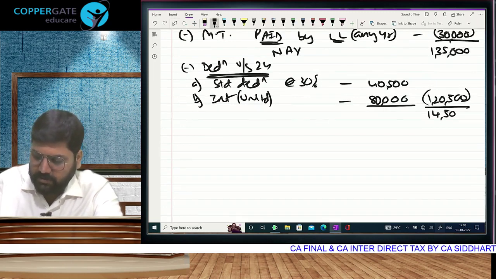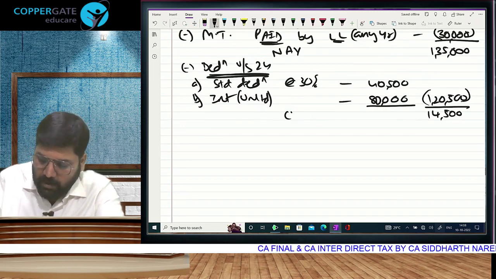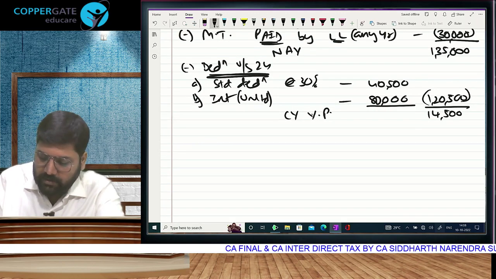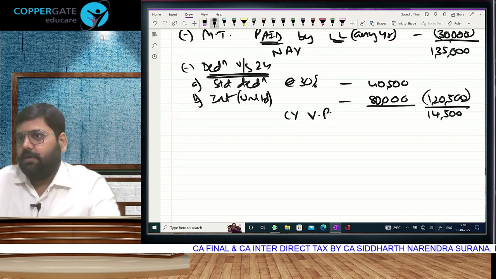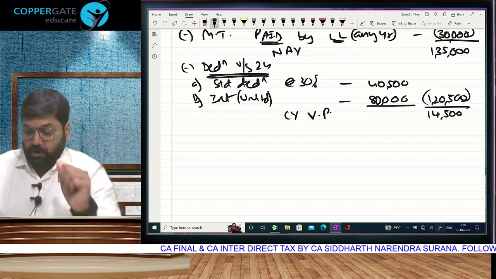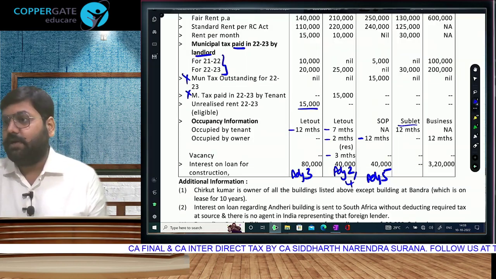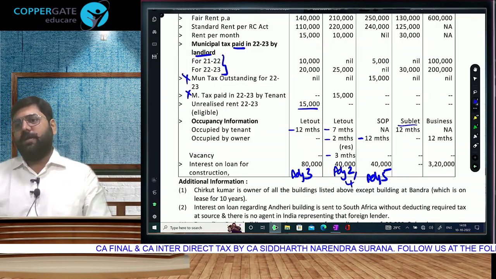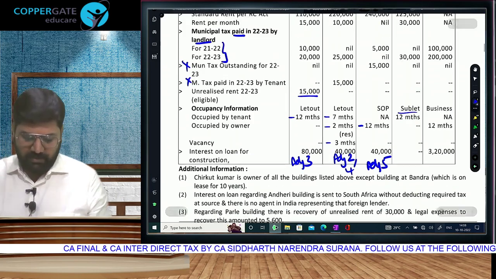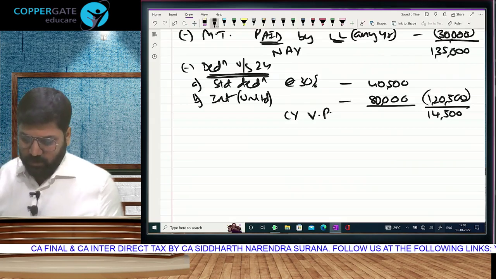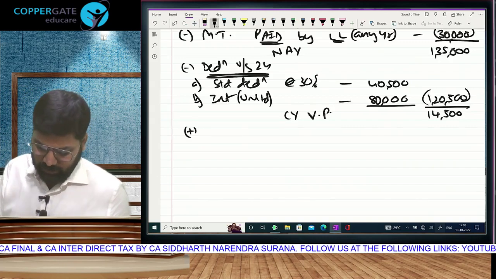Mark my words. This is my current year Vile Parle ka income. Current year ka income. Why do I call it current year? Because अभी adjustment number time pass के लिए तो लिखा नहीं. Adjustment 3, that means Vile Parle से related. There is something given in adjustment 3. There is recovery of unrealized arrears.